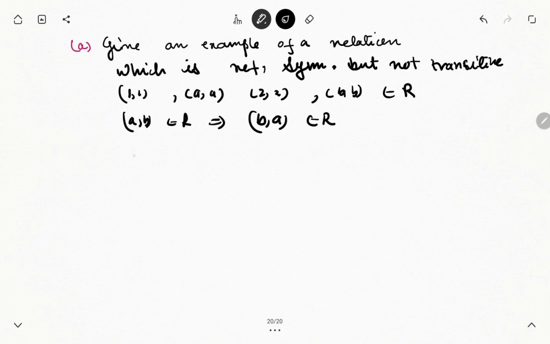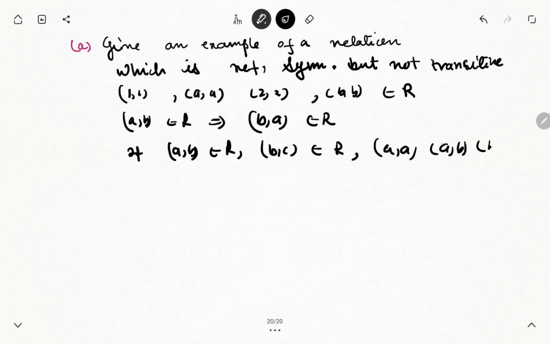Means if (a, b) belongs, (b, c) belongs to R, and (a, a), (a, b), (b, b), (c, c), this type of elements belong to R. This shows that symmetricity is there, reflexivity is there, but it is not transitive. So how are you going to define R?